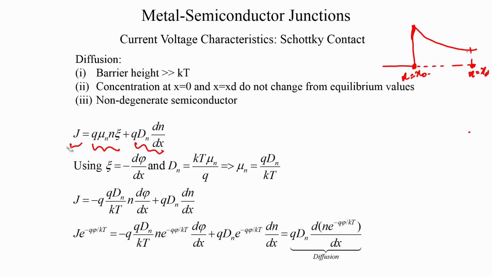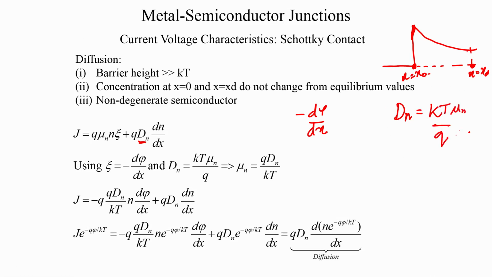This electric field that you see here, we are going to say that the electric field is minus d phi by dx, where phi is the potential, and we substitute minus d phi by dx in the place of E. The second substitution is that we had earlier seen, when we looked at the derivation of the diffusion equation, that the diffusion coefficient was related to the mobility via Einstein's relation, kT mu n by q.